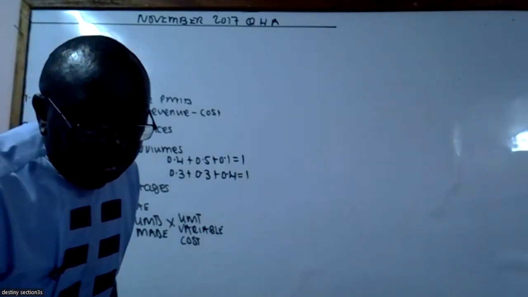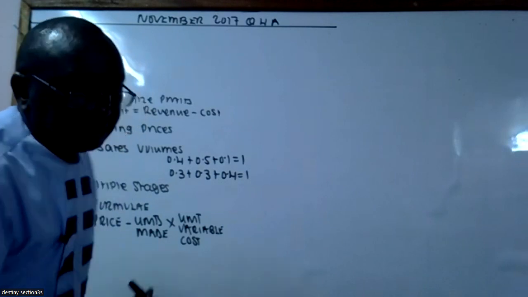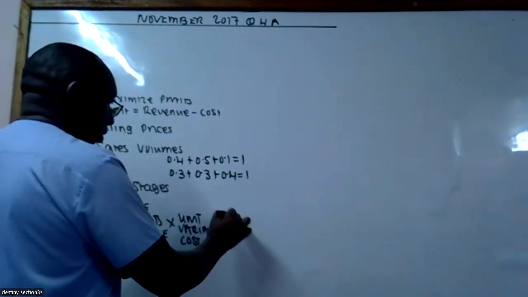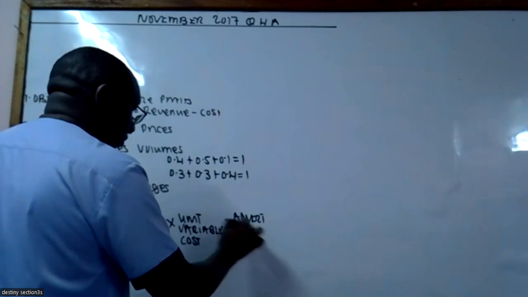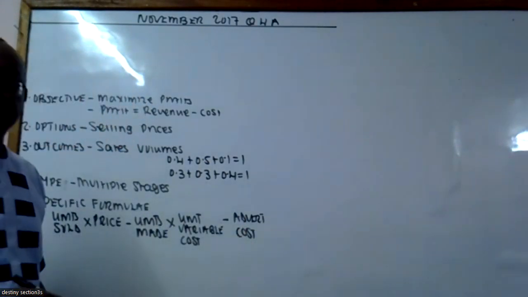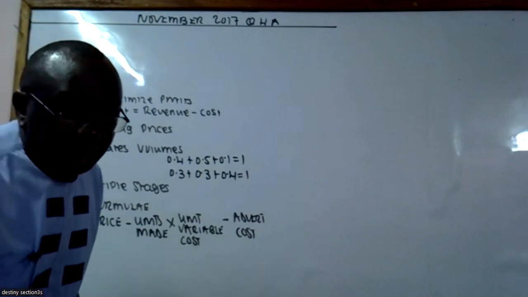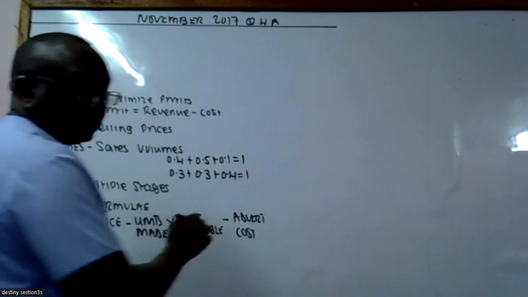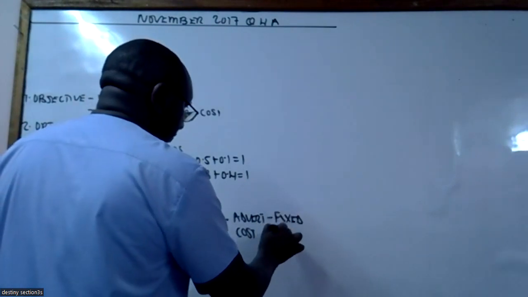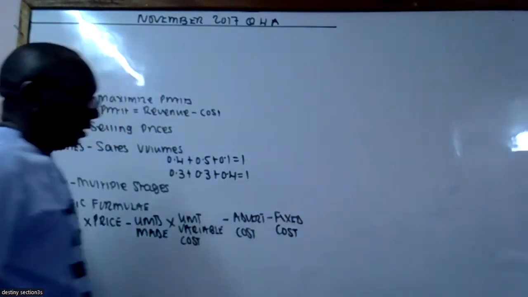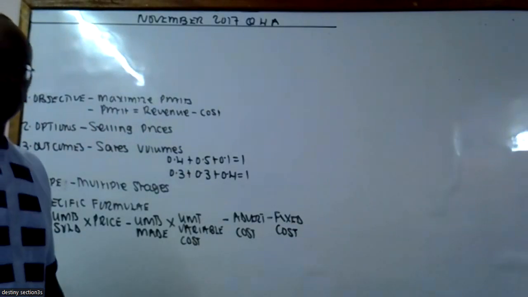Then you can see we have advertising costs. So we subtract advert costs. That will also be subtracted. And then there are the fixed costs.